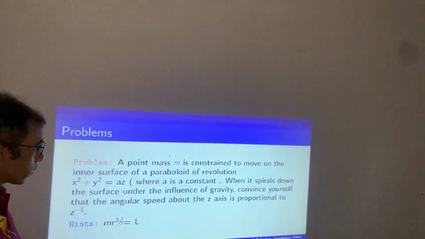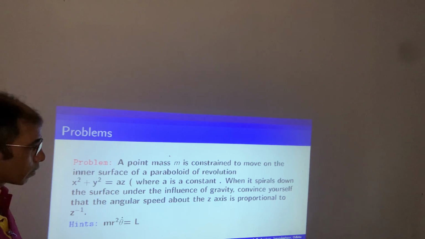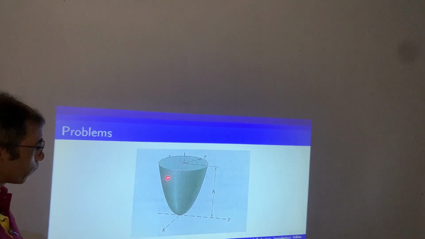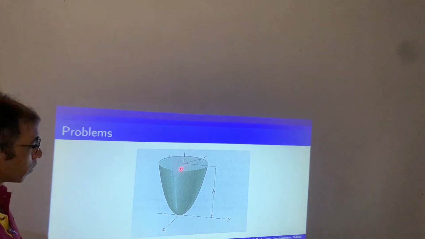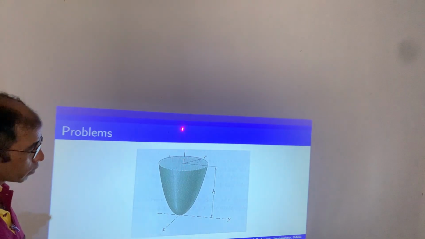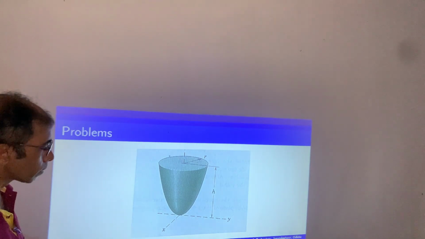What is the angular frequency about the z-axis? The angular frequency has the direction omega, along the z-axis.